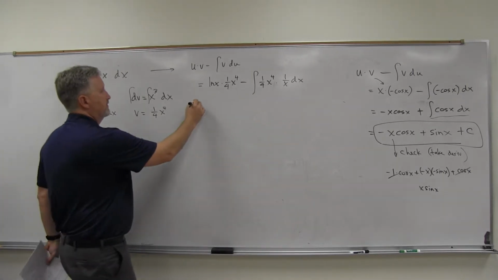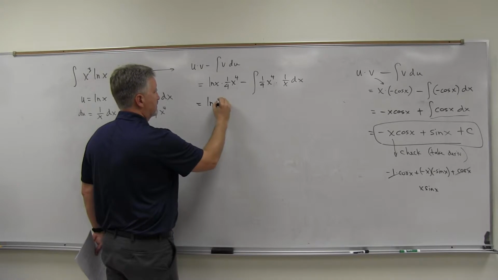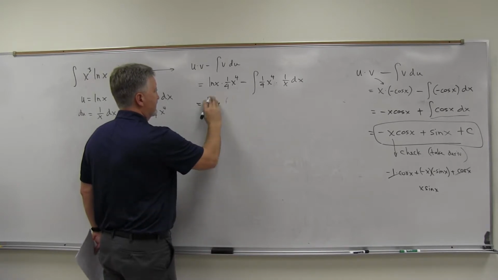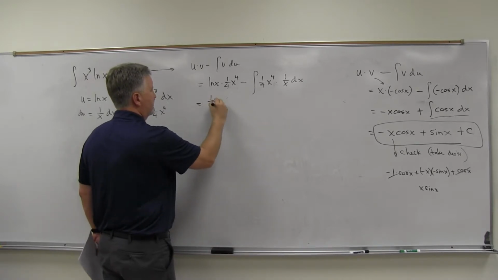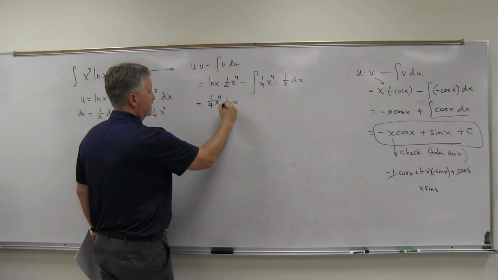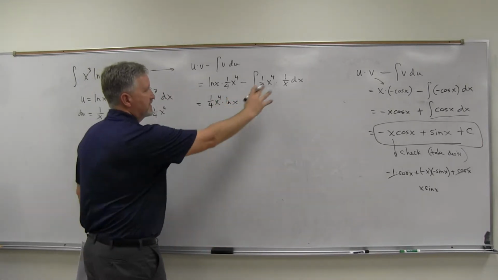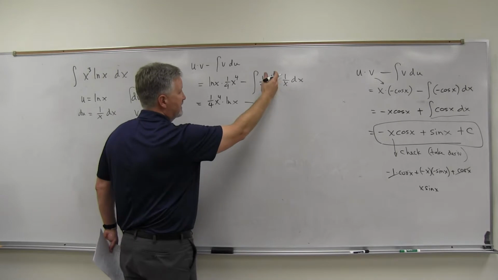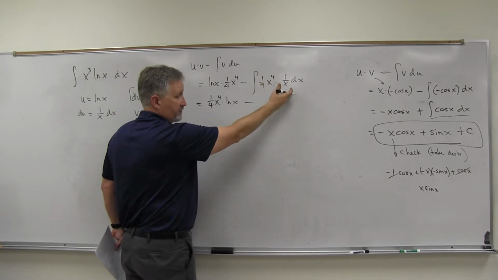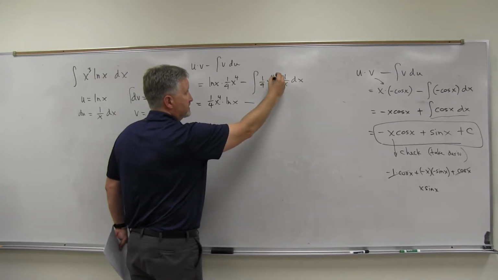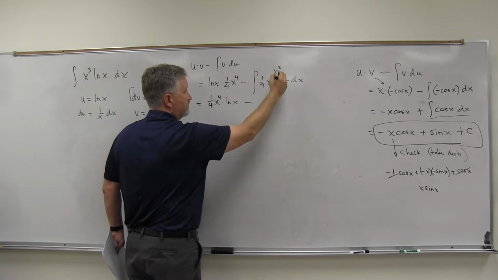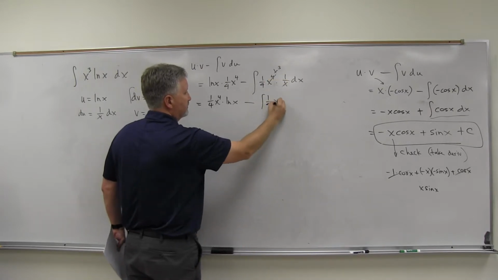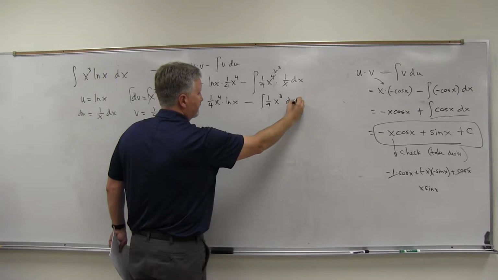Let's write the ln of x last. This is going to work out because x to the 4th over x just becomes x cubed. So I've got 1/4 x cubed, or bring out the 1/4.